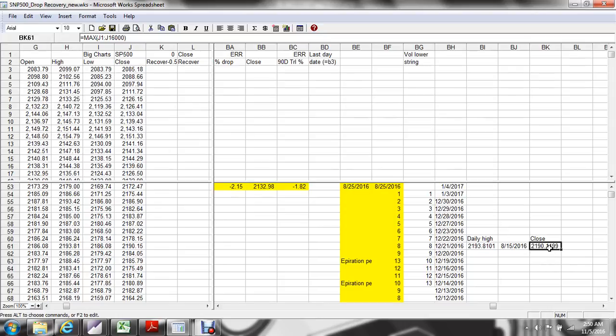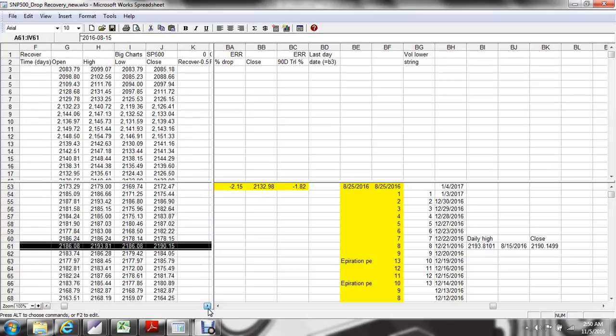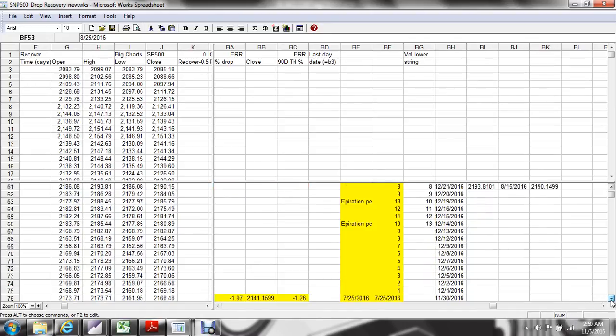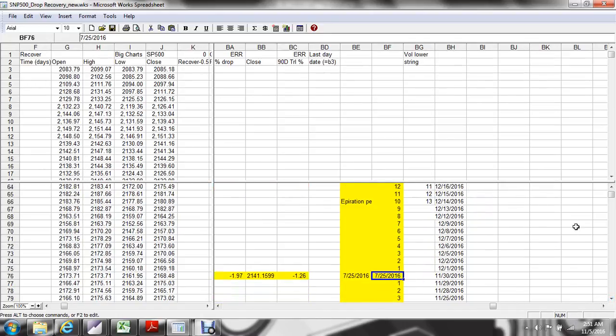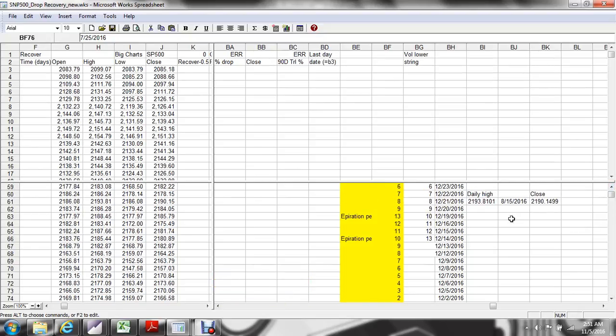So this is the highest close and the highest high. They both happened on the 15th of August, as we can see over here. There's your highest high, there's your highest close. And we're going to see that it's 10 days before that expiration period, and I'm going to say 20 days after that one.